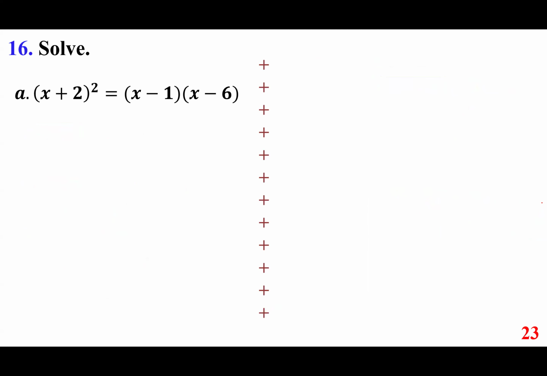(x plus 2) quantity squared equals (x minus 1) times (x minus 6). So this is x squared plus 4x plus 4, using the same (a plus minus b) quantity squared equals a squared plus minus 2ab plus b squared from the previous page.